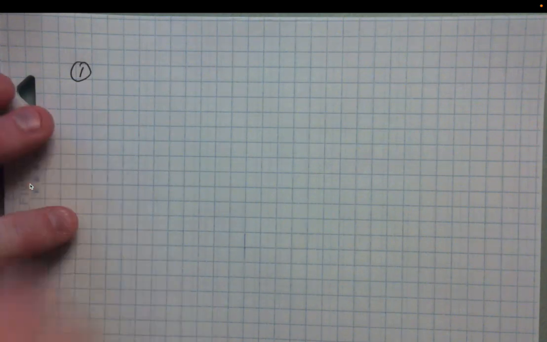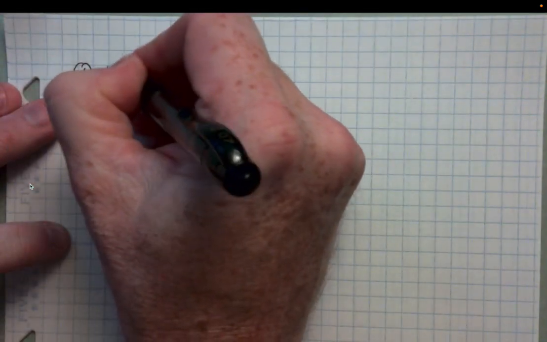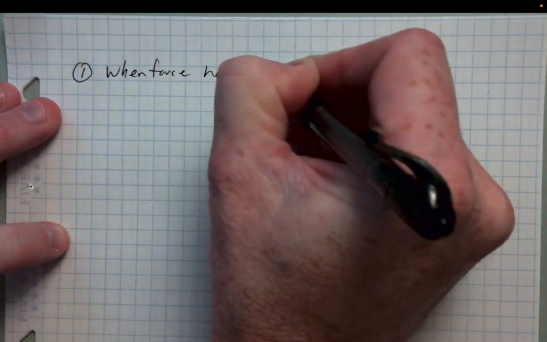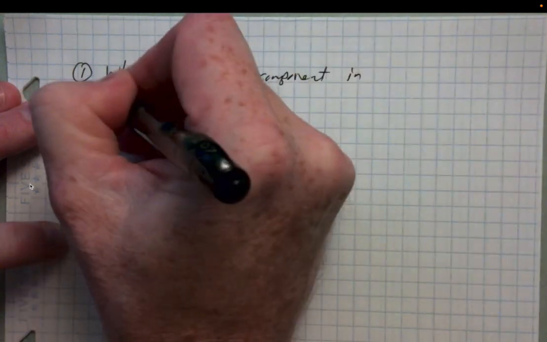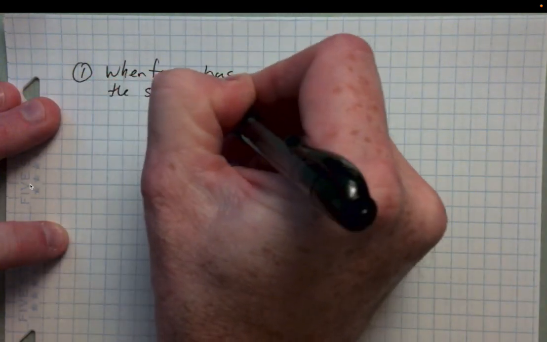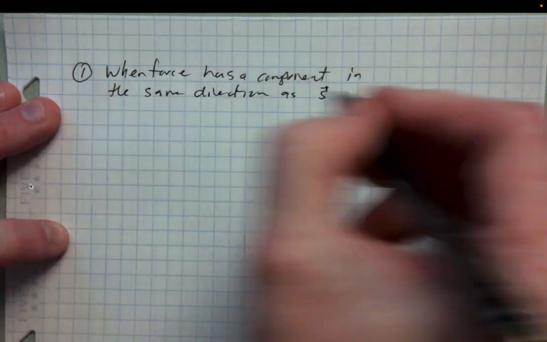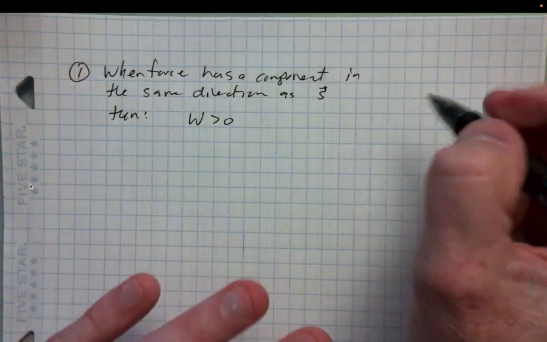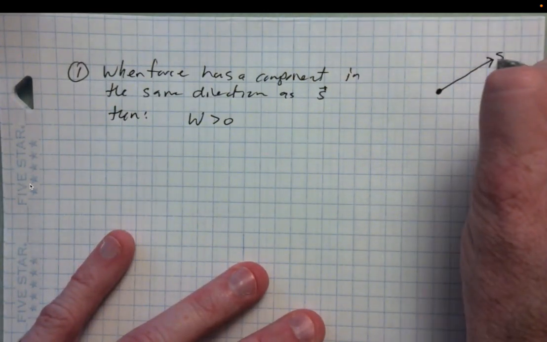Well, we'll start with positive work. The way it breaks down is that when force has a component in the same direction as displacement, then you get work greater than 0. So the idea is I've got a particle and it's being displaced along a path.